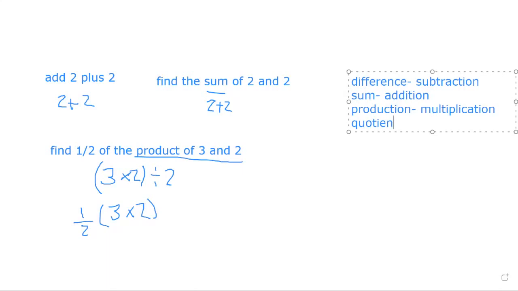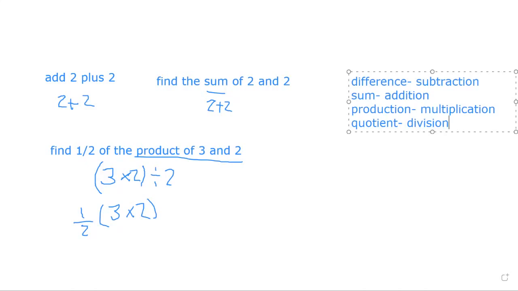Quotient is division. So if I ask you to find the difference of 5 and 4, I would write 5 minus 4. If I need the quotient of 9 and 3, I would put 9 divided by 3. Depends on the order there.